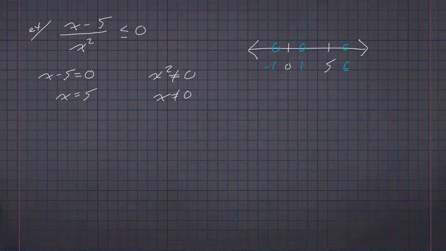When x is -1, we have -1 minus 5, which is -6, over -1 squared, which is +1. -6 divided by 1 is -6, which is in fact less than or equal to 0. So we're true here. Put in x equals +1. We get -4, which works. Put in x equals 6, and we get 1/36, which is positive, does not work.